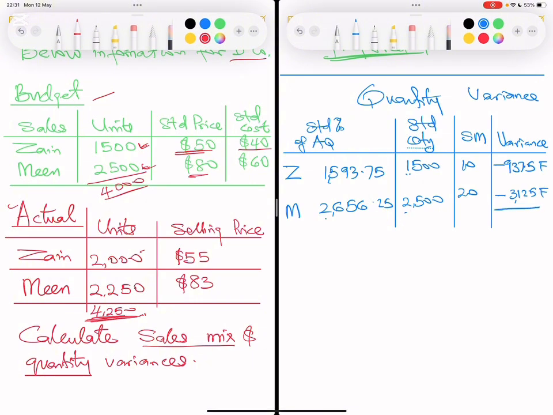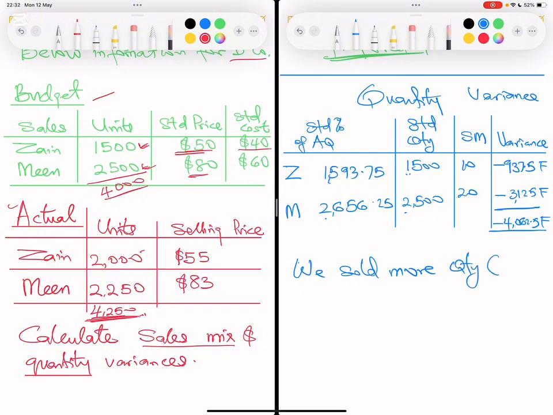And if we add everything together, it's definitely going to be all favorable, and that is 4062.5. So that's a favorable variance for the quantity variance. And why? Because we sold more. We're able to sell more quantity.